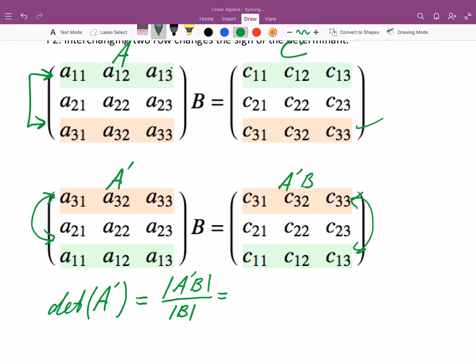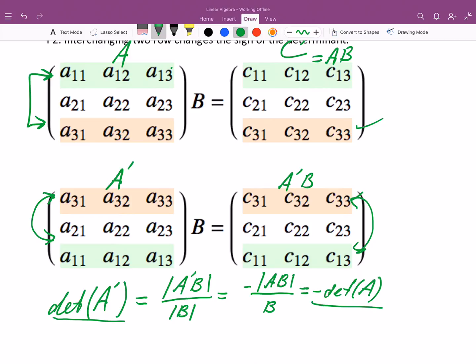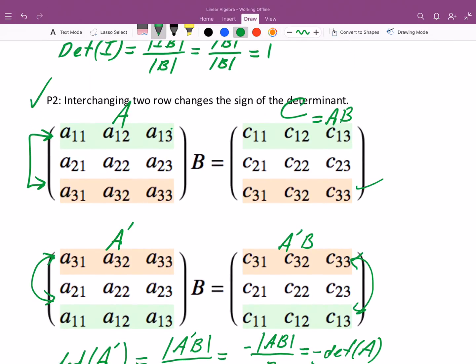We know that the determinant of A prime B is basically negative this previous one, the determinant of AB. But this fraction, without the negative, is specifically what we're calling the determinant of A. As you can see, A prime comes from just interchanging two rows of A. We've proven using this formula that if we interchange two rows, the determinant changes sign. Therefore, property 2 is satisfied by this new formula for determinant.